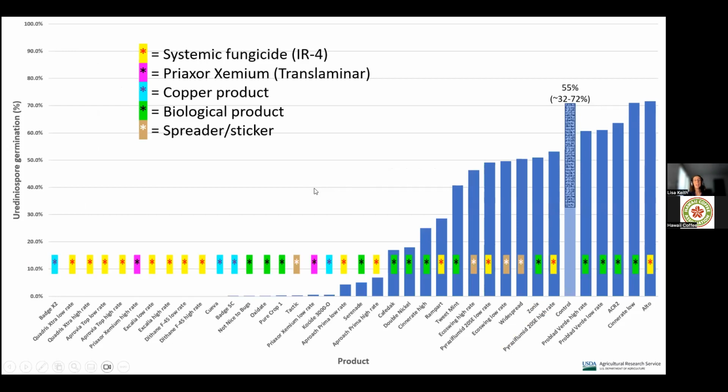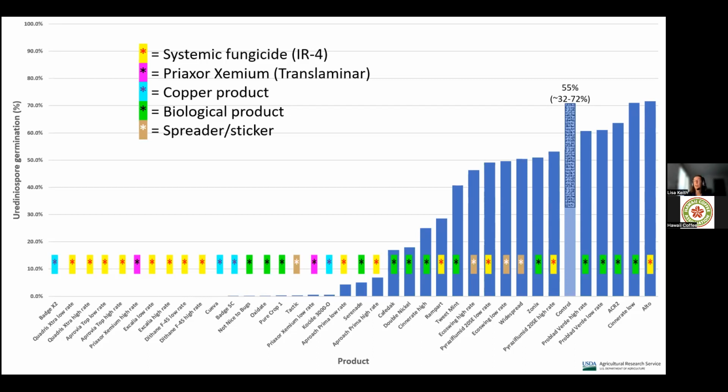Okay. Yes, this is a crazy slide with tons of data. This is really just to show you the constant action in the laboratory, testing any and all things we can get our hands on, whether that be the products registered for use, the coppers, the biologicals, Preaxor, collaborating with IR4 and testing the systemics to see what type of action they have on spore germination through these tests.